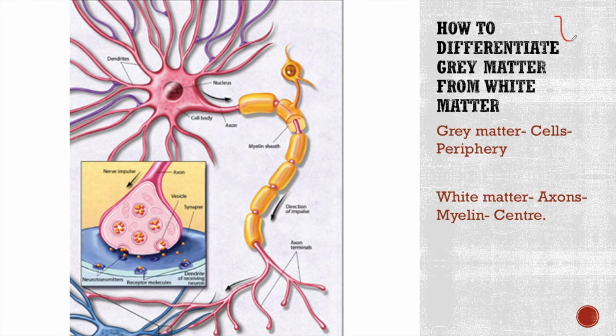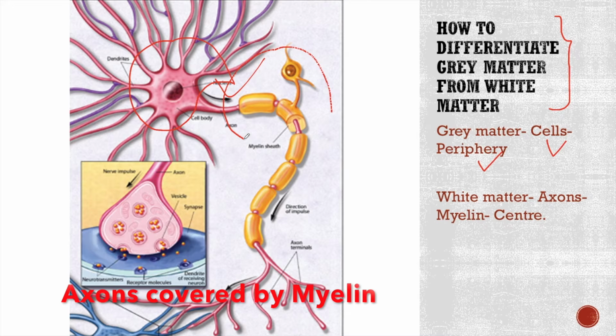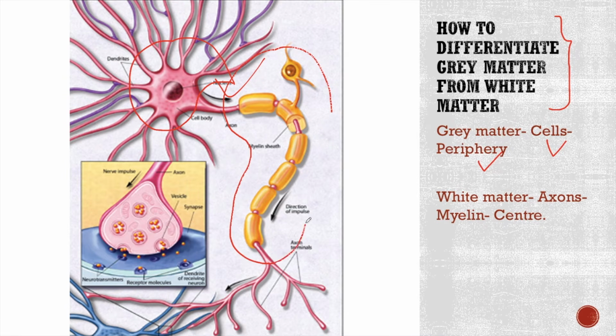How do we differentiate grey matter from the white matter of the brain? The grey matter of the brain consists of cell bodies of neurons. Hence, the grey matter is more dense and appears bright. Note that the grey matter lies in the periphery of the brain. White matter, on the other hand, consists of axons which are covered by myelin, and myelin contains lipid.